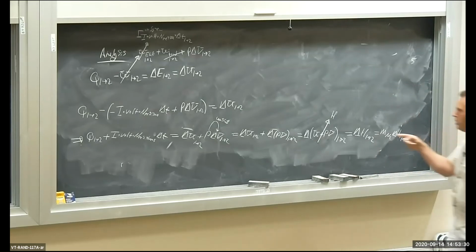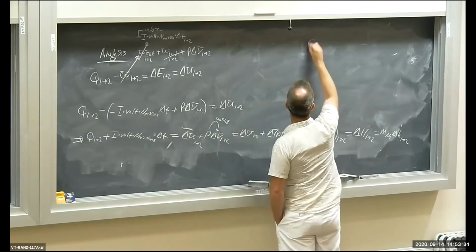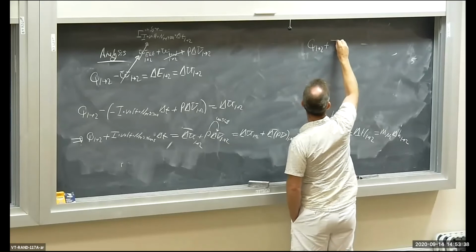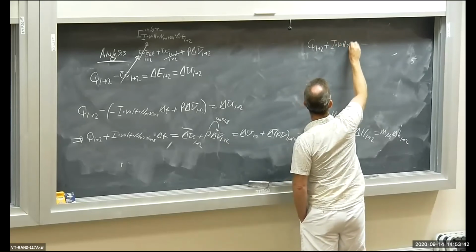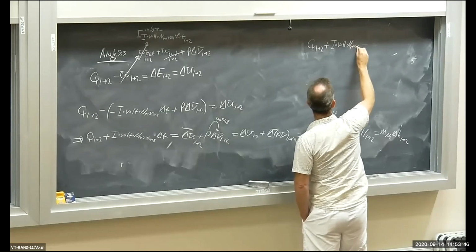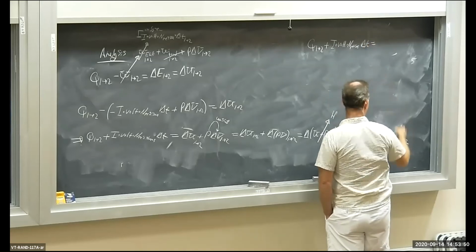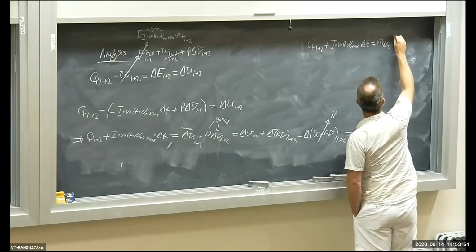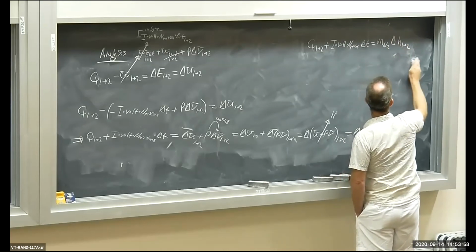Okay, let me rewrite this equation. A lot of stuff going on here, and I'm going to put it right up here in the corner. Q1 to 2 plus I times voltage times N resistors times delta T equals mass of the nitrogen times delta h, specific enthalpy from 1 to 2.